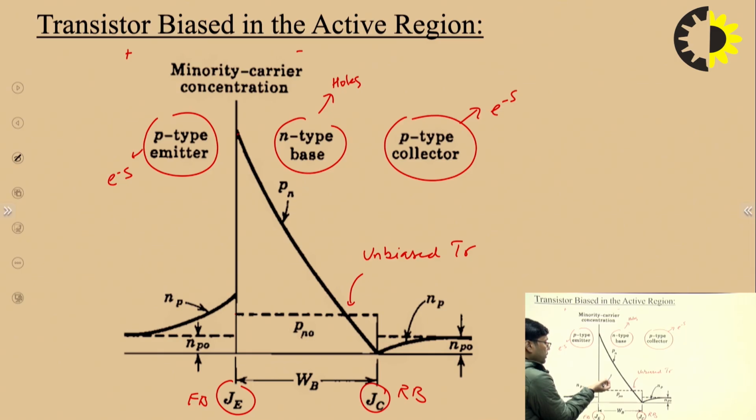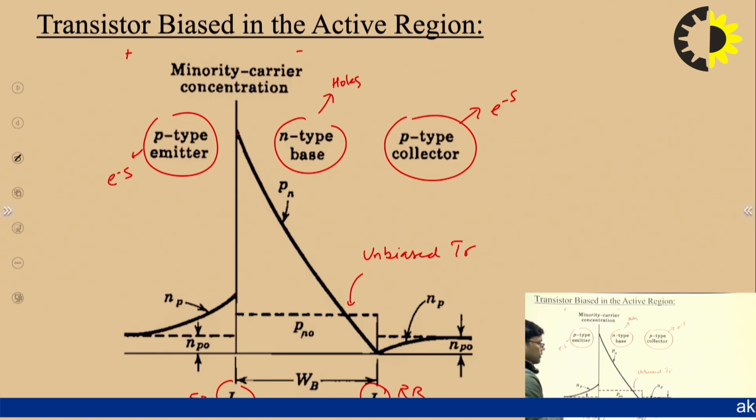If I talk about this concentration, because this is connected to positive, electrons are moving from N to P. That's why at the junction point the concentration of electrons will be high as compared to the previous unbiased case. And it will decrease again exponentially as you increase the distance, right.